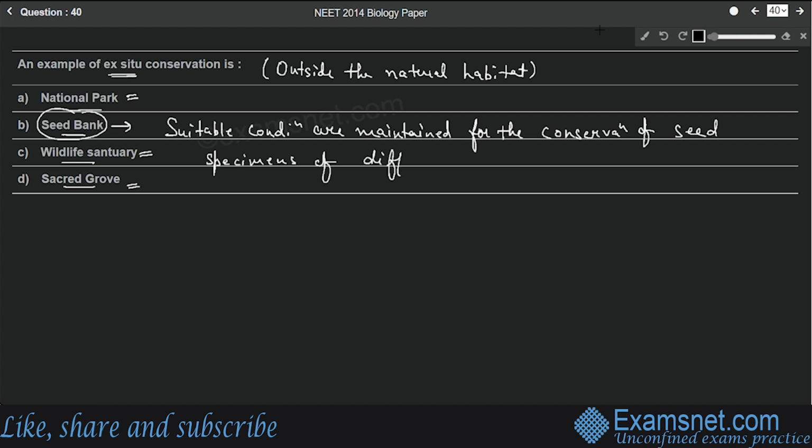Okay, therefore option B, that is seed bank, is the example of ex situ conservation. Option B will be the correct answer.